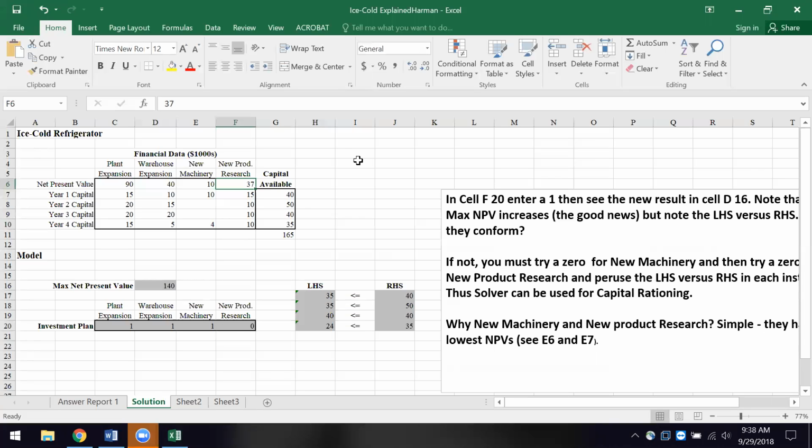That is the rate of return they've got to earn. And if I don't earn as much as I could on a similar project outside the company, or similar risk in terms of investment, I don't do it. And this is kind of grim because if I do everything, I'll make $177,000, and I have $165,000 of capital available.